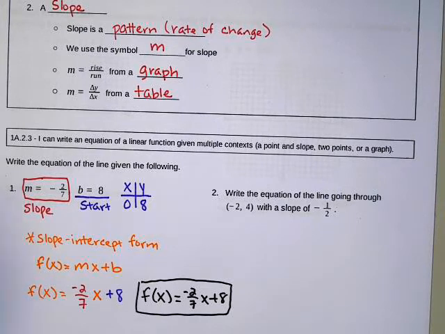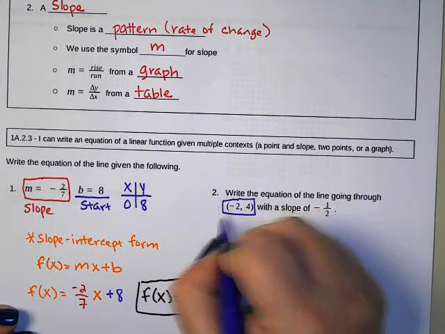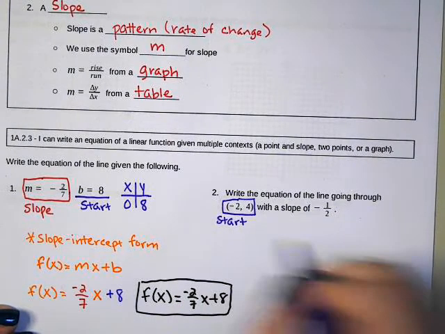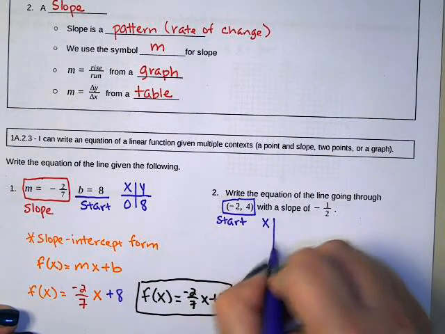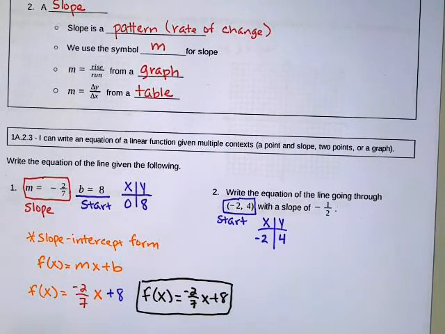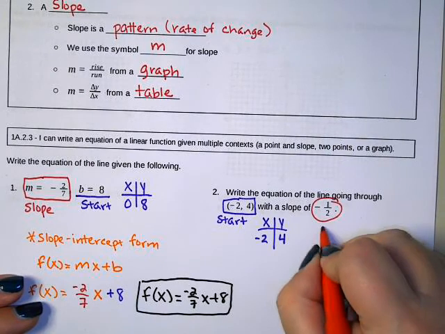Alright, so then we want to write the equation of a line going through the point negative 2, 4. So here's where we're going to start. That's our starting point. So if we make a table, it's at negative 2, 4. And we're given a slope of negative 1/2. That's our pattern.